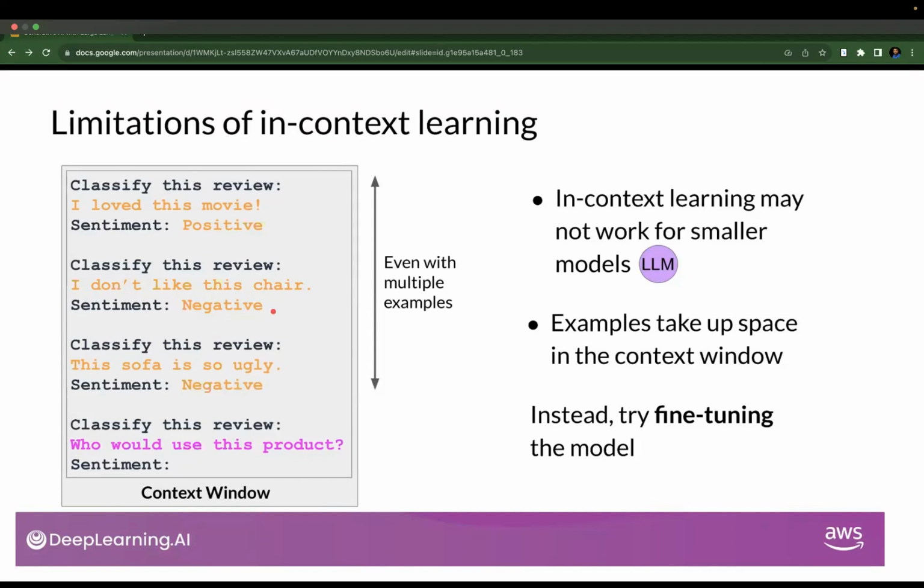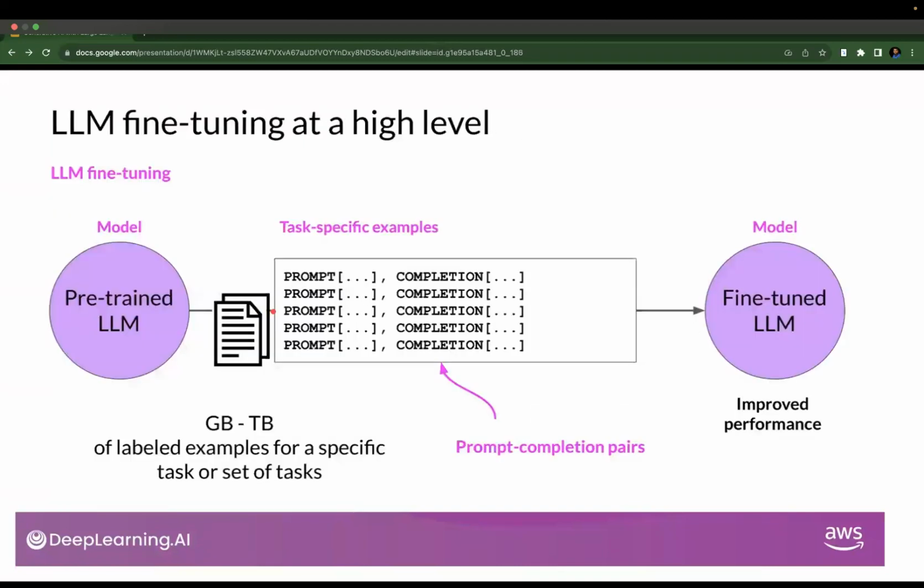So in order to deal with those limitations, it's recommended to fine tune an existing model based on your data sets. How this works is, you take an existing pre-trained LLM and you pass some examples specific to your task.